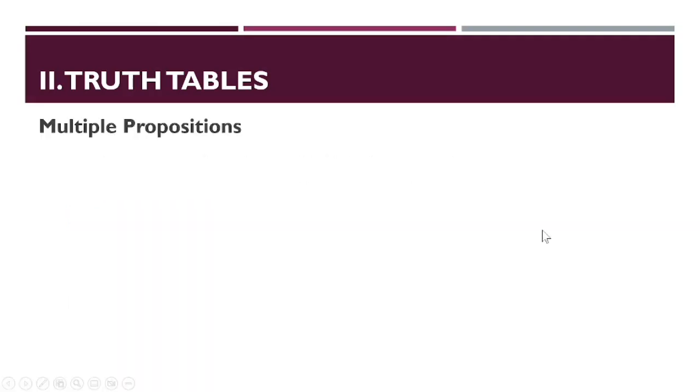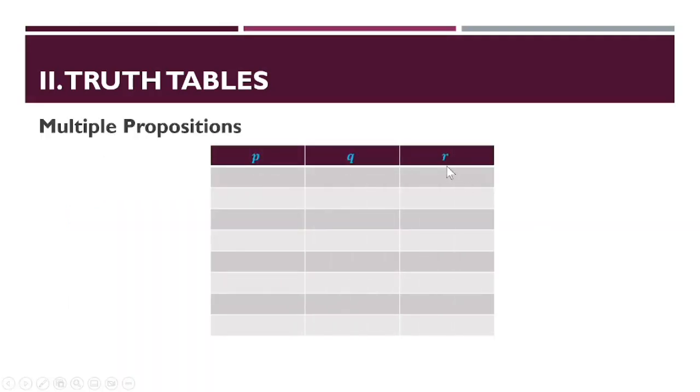For multiple propositions, we add another column for one more proposition. Then we put the truth values of these columns like this. So the first half for P are all true. Then the second half are all false.